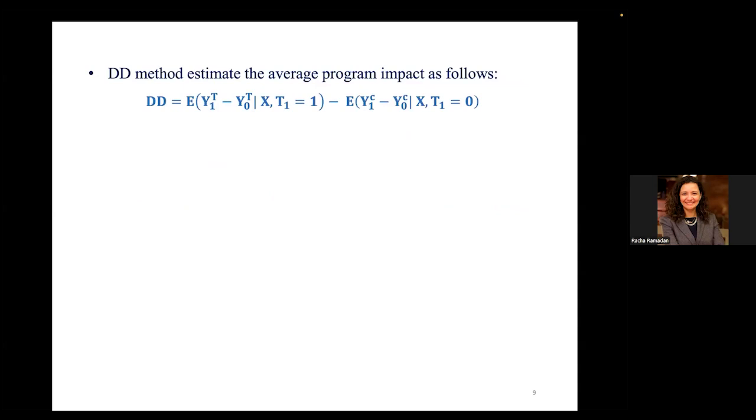So the main idea of the difference in difference method is that it estimates the average program impact as follows. We have two groups, T equals 1 who are the treated, and T equals 0 who are not treated. So the idea is that I will calculate the estimated difference of income for the treated group between period 1, after the implementation of the program, and period 0, before the implementation of the program.